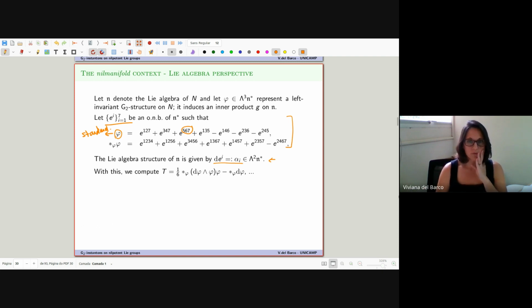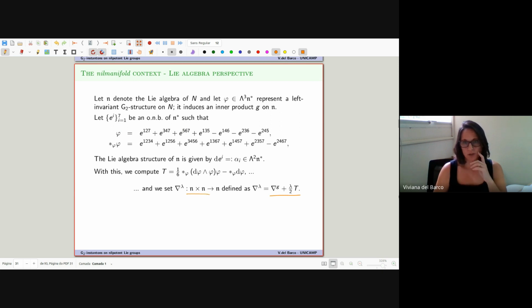So once you have the 3-form and the differential, you can compute the torsion form of the G2 structure very easily, let's say. And then once you have the torsion, you define your connection, the Ivanov and Friedrich connection, which is for us an operator from N to N to N. And you can compute the curvature, which will be denoted by R lambda of this connection.